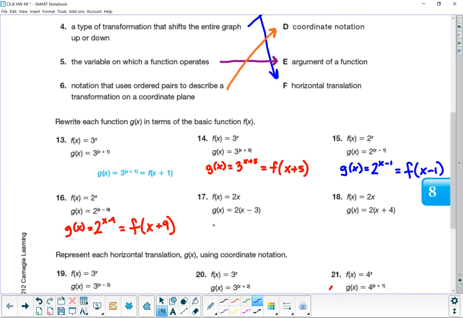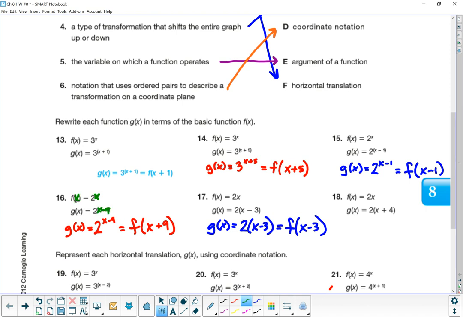This one, g of x, instead of 2 to the x minus 3. This isn't a little x minus 3 or x minus 9, but this is still part of the x. So when we rewrite this in terms of the basic function, it's going to be f of x minus 3. All we are really doing, guys and gals, is replacing the x, let's say right here on number 16, with the x minus 9.